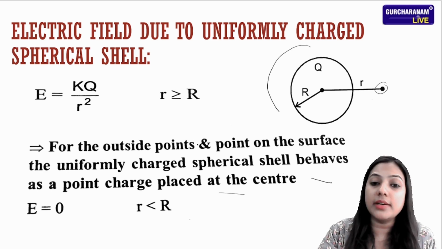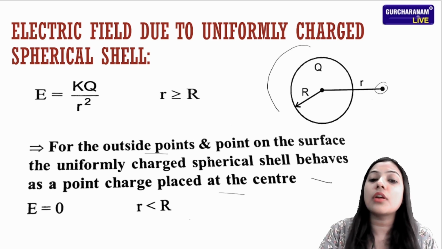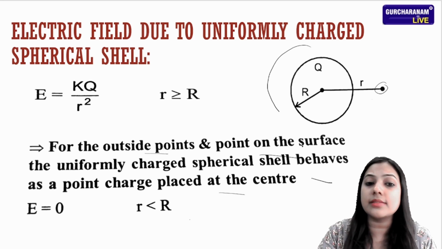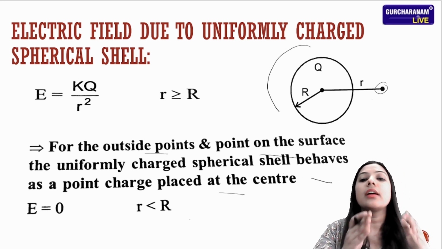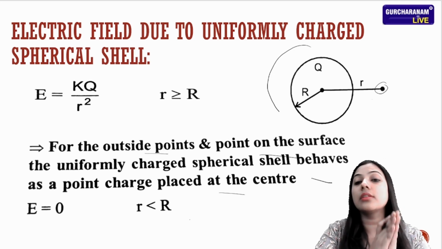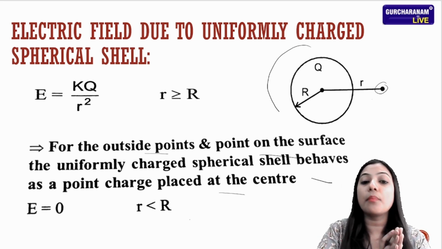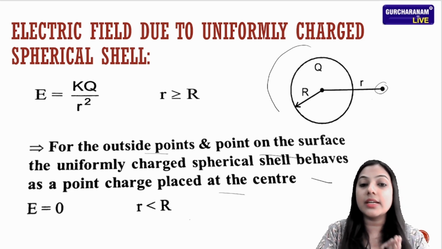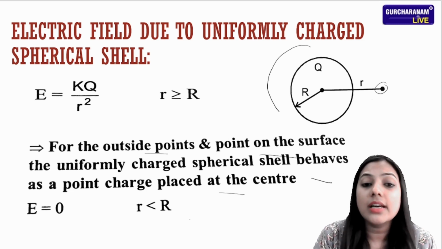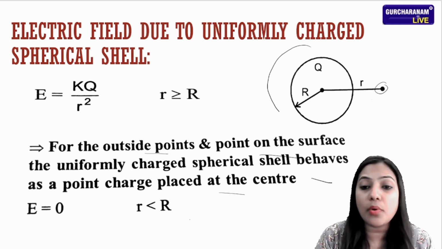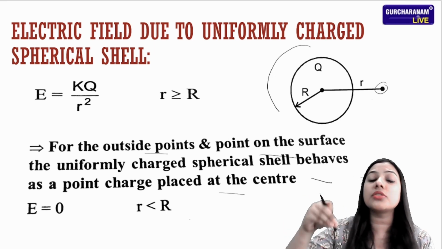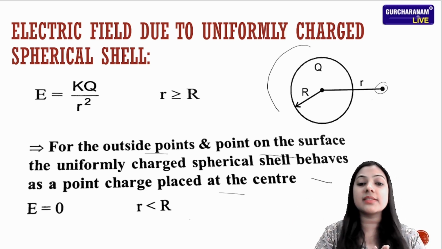For outside points and points on the surface, the uniformly charged spherical shell behaves as a point charge placed at the center.